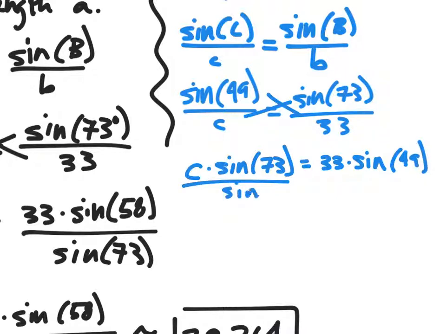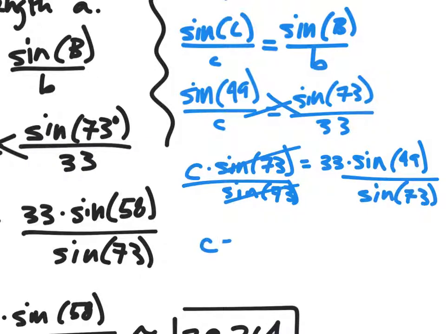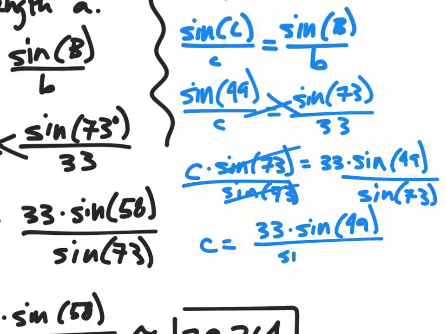Divide by sine of 73. Kind of running out of room here, I apologize. So then we get that C is equal to 33 times sine of 49 degrees over sine of 73. Do the same thing, plug that into your calculator, and let's see what we get.